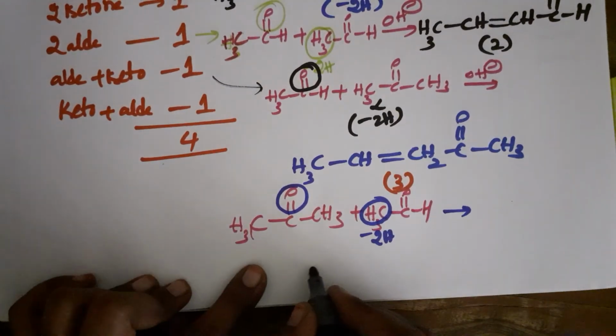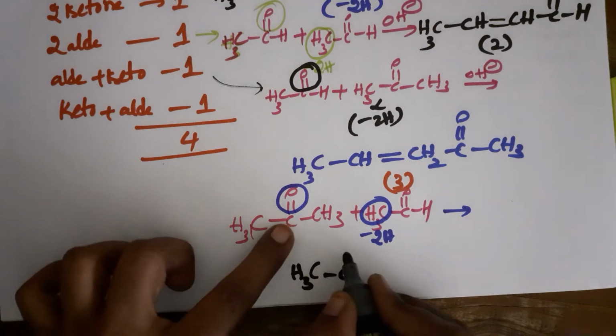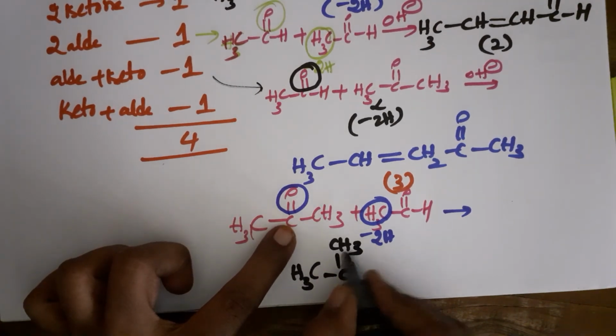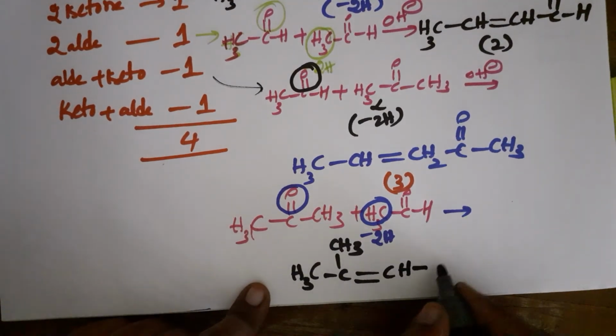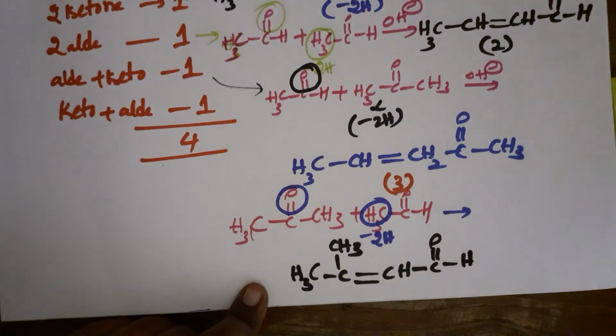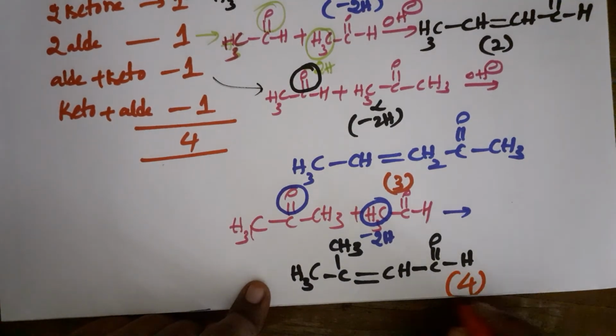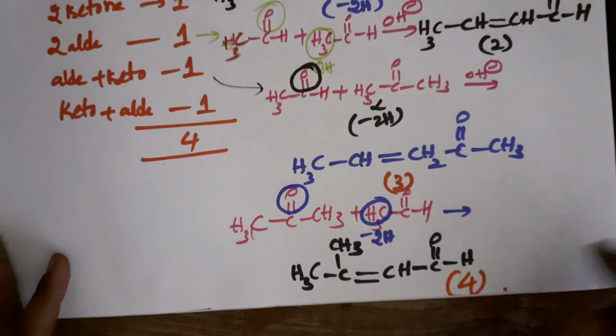Here the product will be like this, CH3. Here this carbon contains one methyl group, right? And here it is directly attached to the double bonded carbon, CH and C double bond OH. This will be the fourth product.